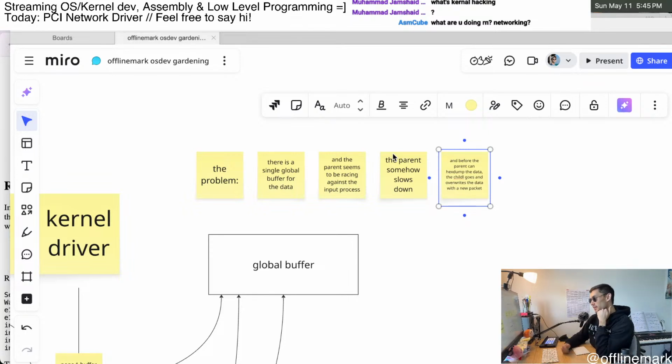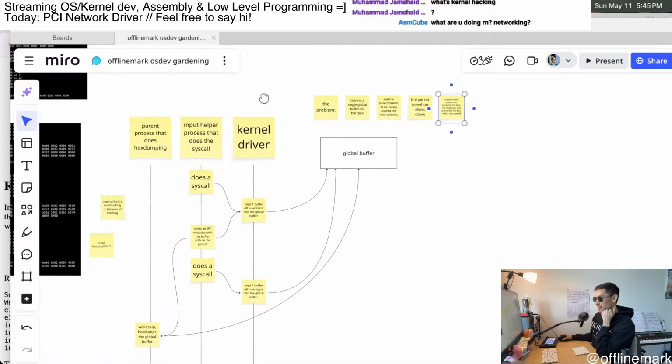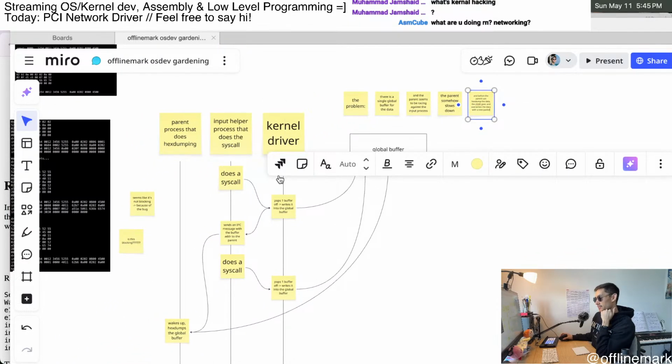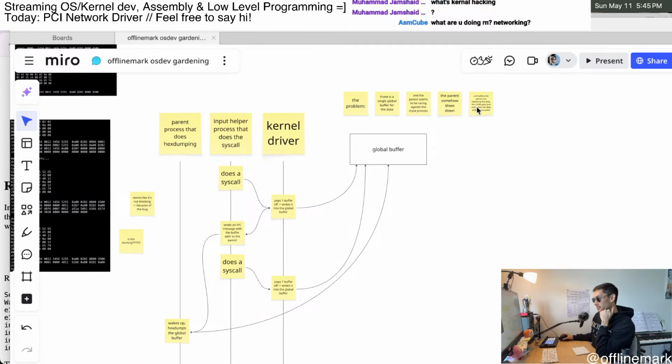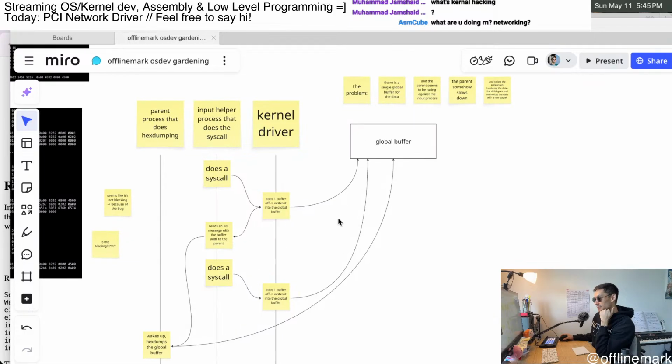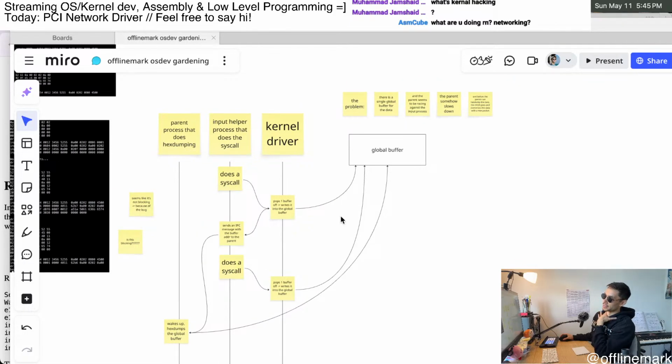Yes, we are doing networking. We have a very interesting bug in the kernel driver for the network card that we have literally just figured out the reason for, and we're fixing that. And the bug is that we're dropping a packet and then duplicating packets and stuff like this.